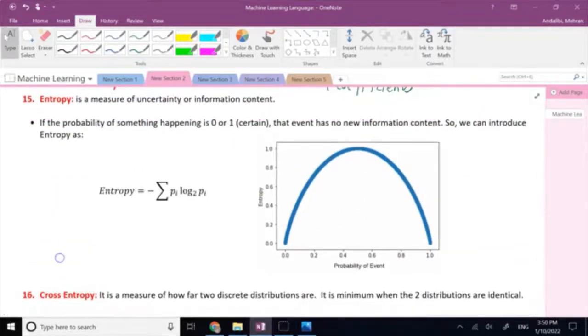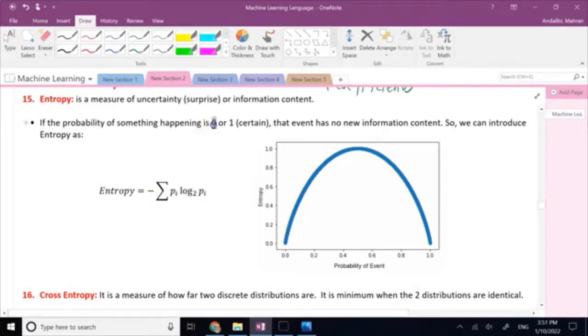The final topic here is called entropy. Entropy is a measure of uncertainty, or you might say surprise, or information content in something that is not certain, in something that has some probability. What does that mean?